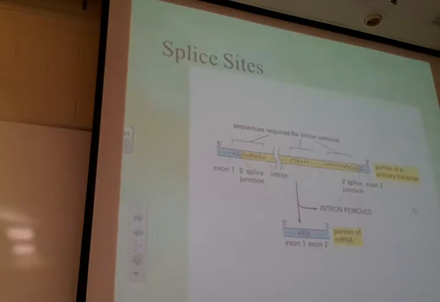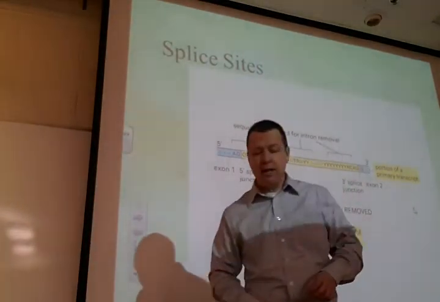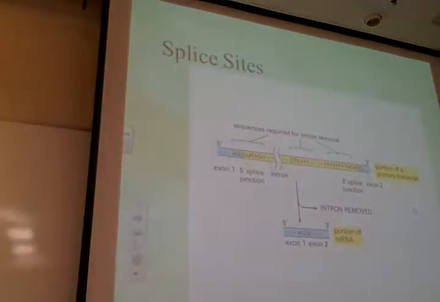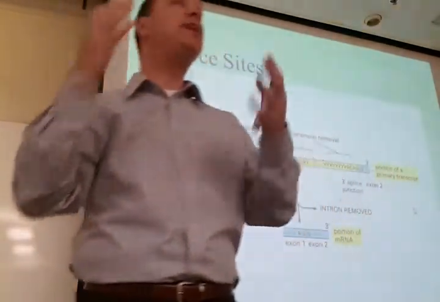So it turns out there's a whole system that has to be put in place to make this happen. And the first part of the system is set up to ensure that the cuts are made in exactly the right place. Remember the whole setup of the genetic code is based on triplets. There are reading frames.